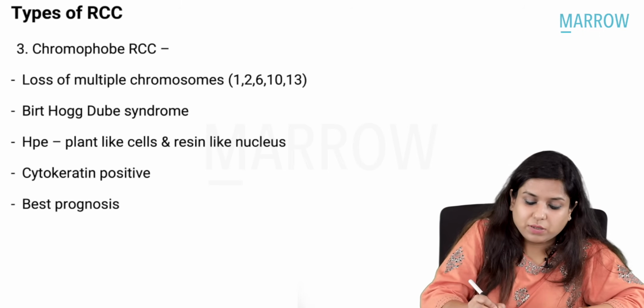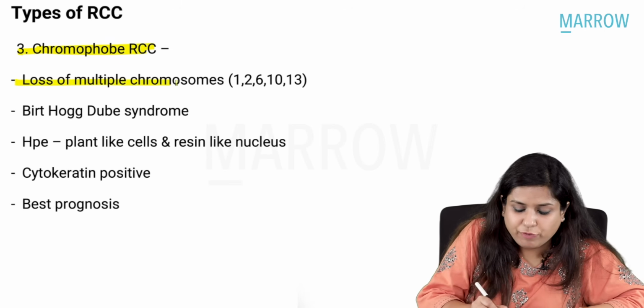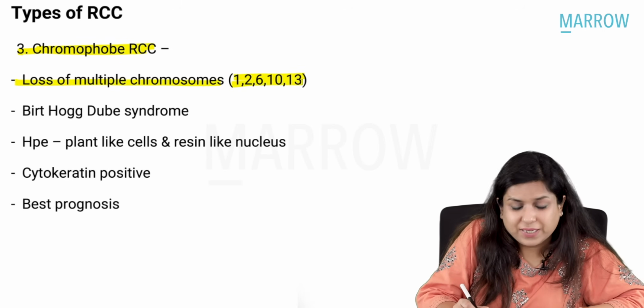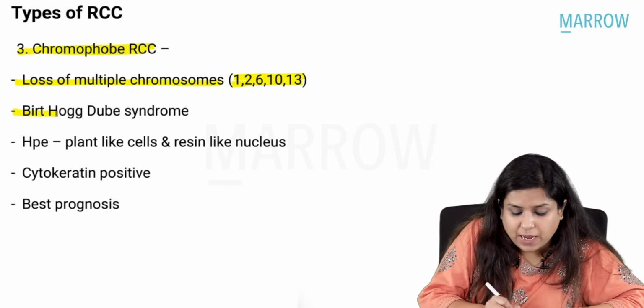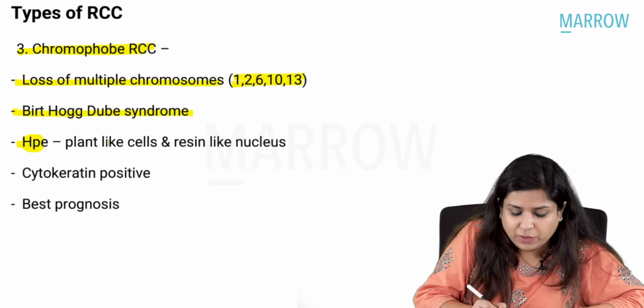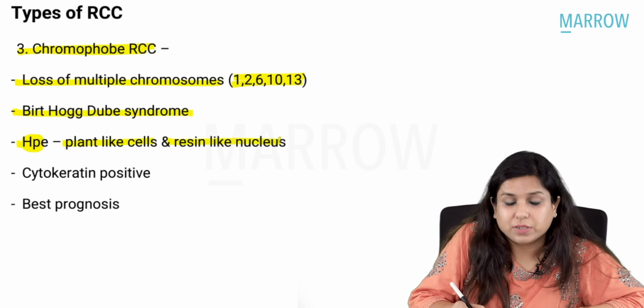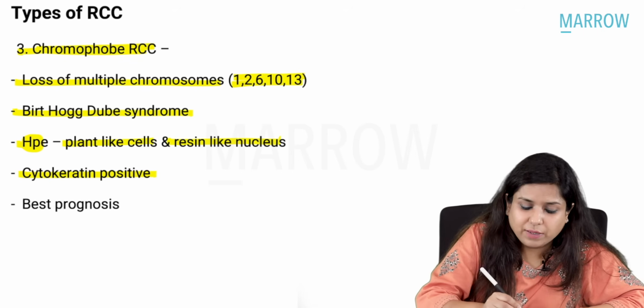Then students, the third type is called chromophobe renal cell cancer. Loss of multiple chromosomes like 1, 2, 6, 10 and 13 can be seen, and it can be associated with Birt-Hogg-Dube syndrome. Histopathology will show plant-like cells with a raisin-like nucleus, right? They are cytokeratin positive.